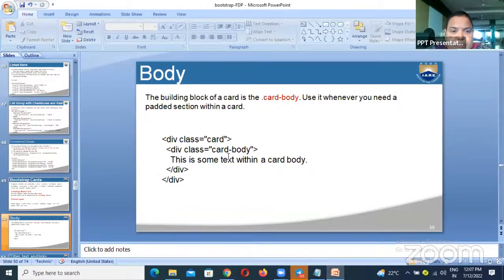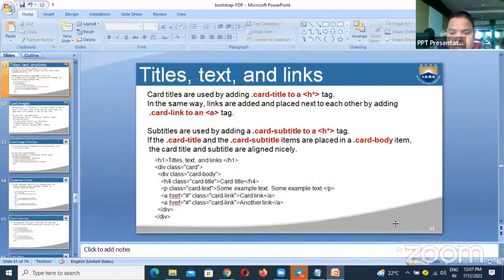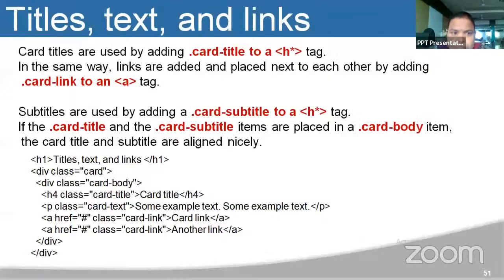And then this is simply how to write the card, what is the card, what is the body, and how to insert the text in the card body. Okay, this is the simple basic one, and then we go in-depth. Now, how to write the titles, text, and then links in the card body.